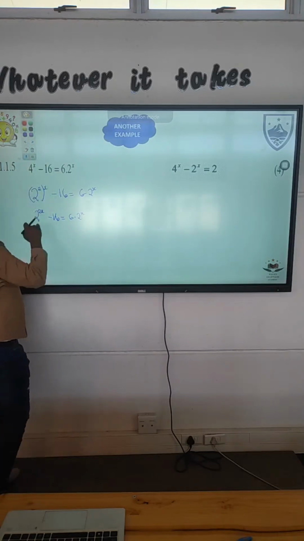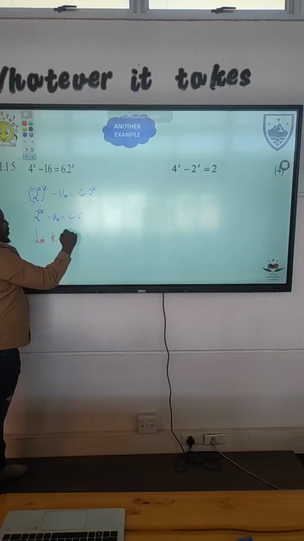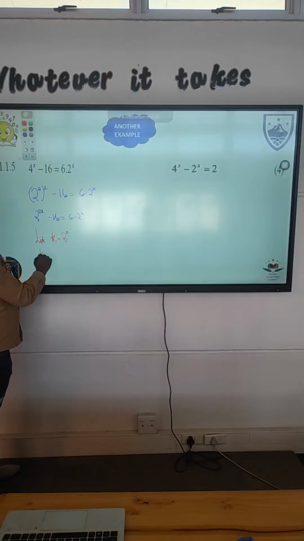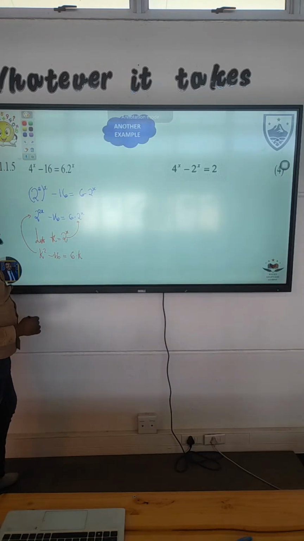And then we're going to, can I use k again? Yeah, let me just use k being equal to 2 to the power of x. And then this one will simply be k squared minus 16 equals 6 multiplied by k, because this I said must be equal to k.